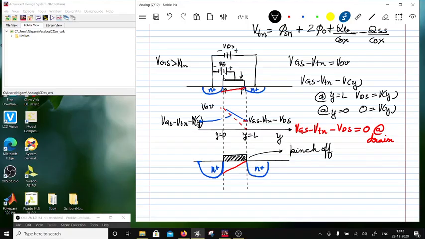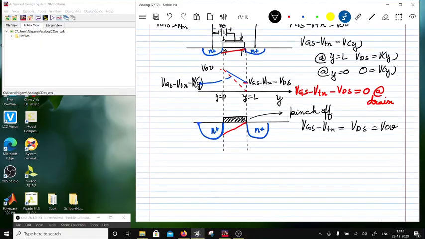So when pinch off occurs, the channel is detached from the drain. Okay, this happens at VGS minus VTN equal to VDS, or equal to V overdrive. So that's the point when the channel is detached. So the total length of the gate is L. Now if you keep on increasing VDS, then the detachment point will move to the left, right?